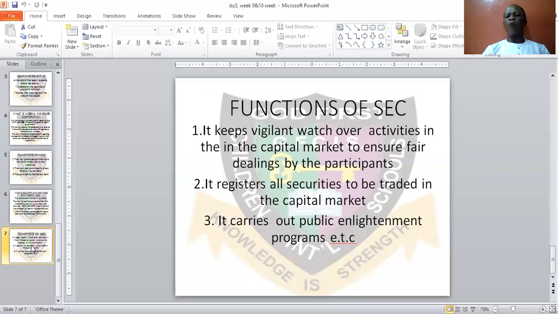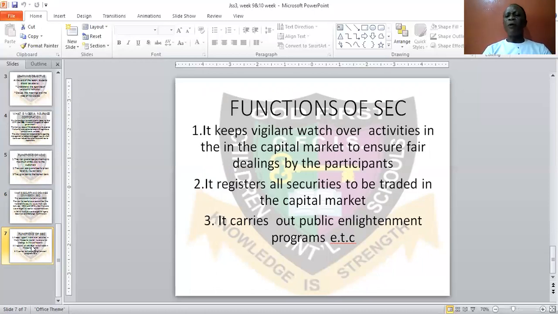Don't forget, one of the functions again: they oversee the involvement, operations and organizations of individual investors. So the capital market is whereby you involve the depositors in stocks and bonds.